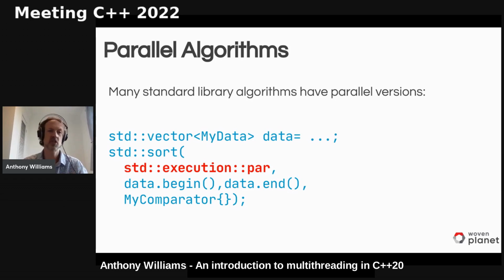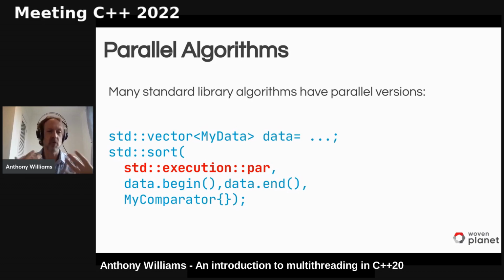For example, if you're trying to sort a big vector, you might say std::sort with std::execution::par, for parallelize, as our first parameter, and then we pass in the normal range and the comparator, the same as ever. This tells the standard library you want to do that sort in parallel using the available cores from your CPU. And the standard library will do its best to accommodate that.